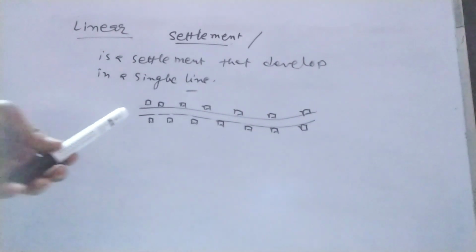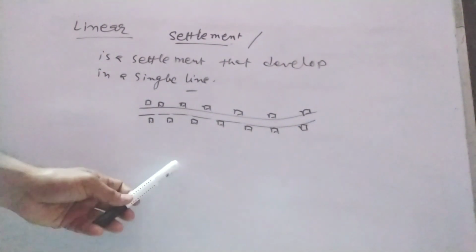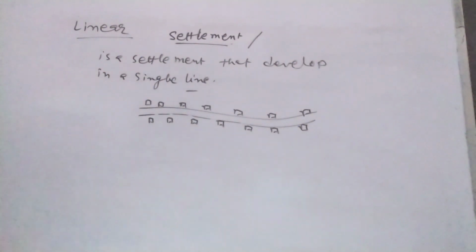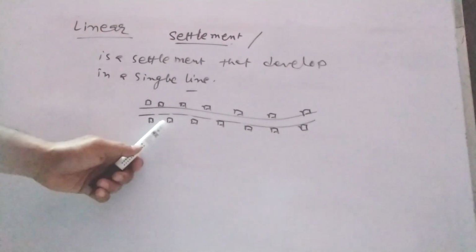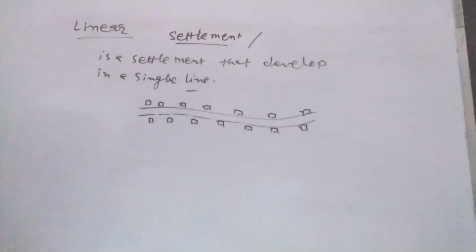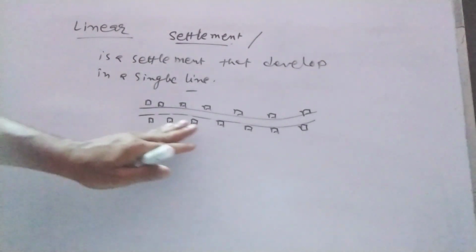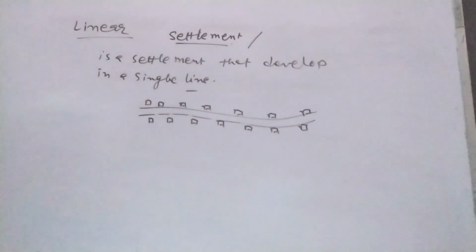So found along the river bank, coast, or roads or railway lines. So houses are built in a line and usually facing each other. So these types of settlements are called linear settlements, right? So basically settlement that develops in a single line.